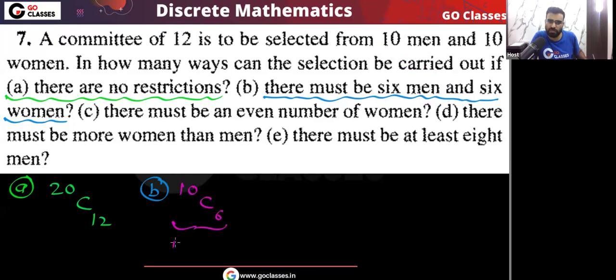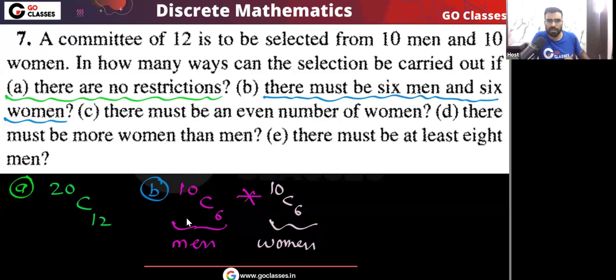So this is for men. And means multiplication, multiplied by, there are 10 women and we want 6 women. So from 10 women we can select 6 women. So this is for women. So the answer will be 10C6 multiplied by 10C6. This is the answer for part B.